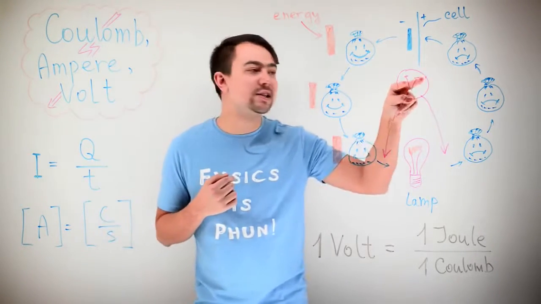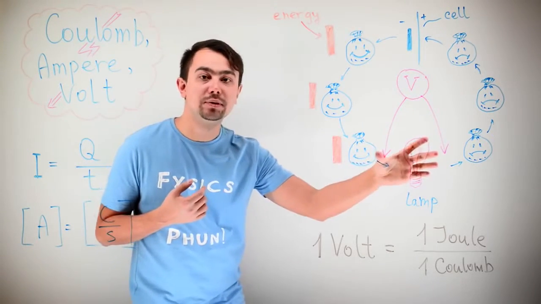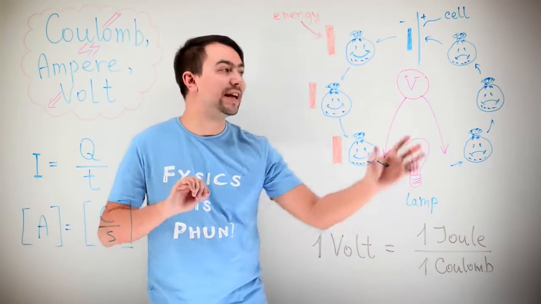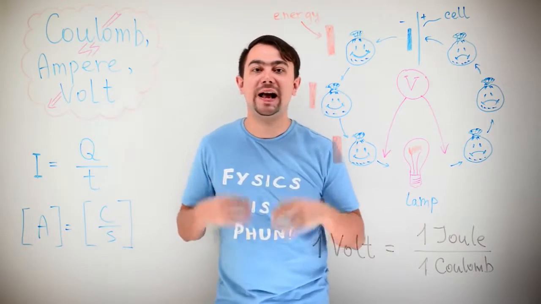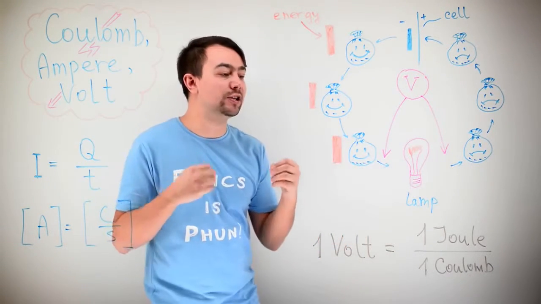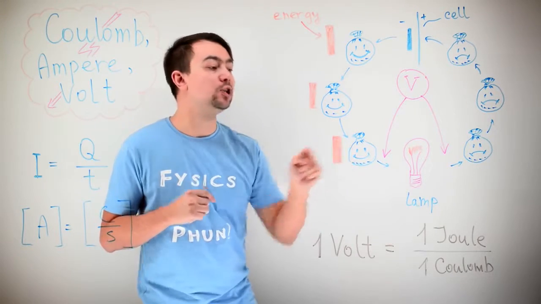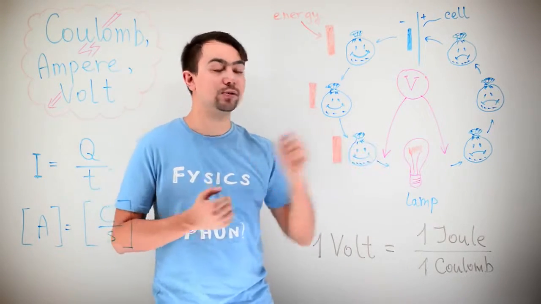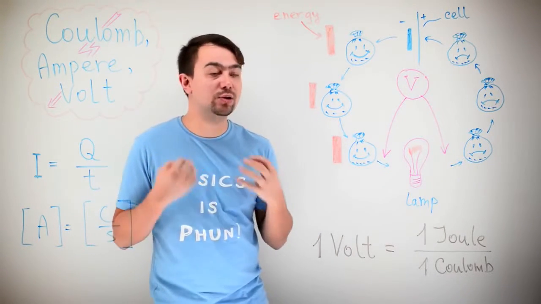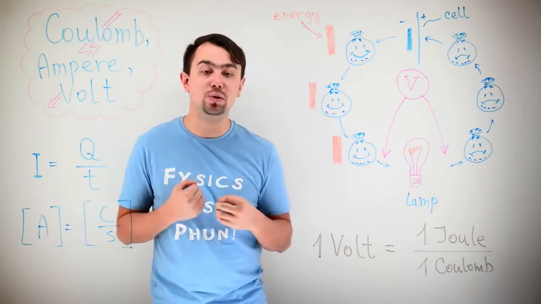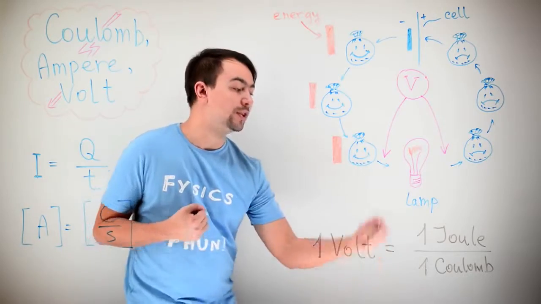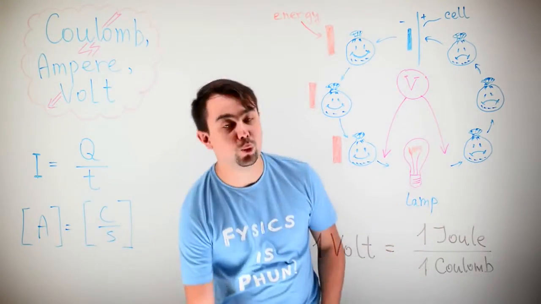If we connect the voltmeter to the lamp, we will measure the difference in energy before and after the lamp. So we will measure how many joules of energy is lost by each coulomb of charge as it passes through the lamp. And this is also voltage. So it's the amount of energy per coulomb. So 1 volt is 1 joule divided by 1 coulomb.